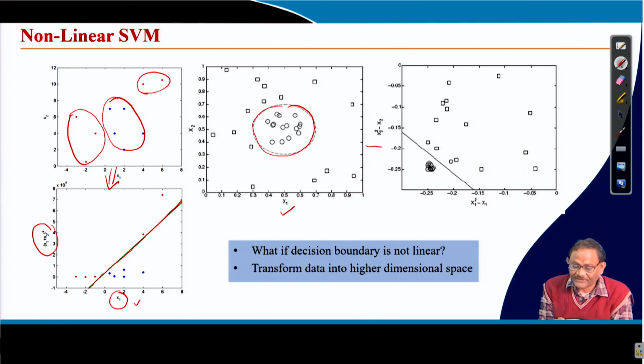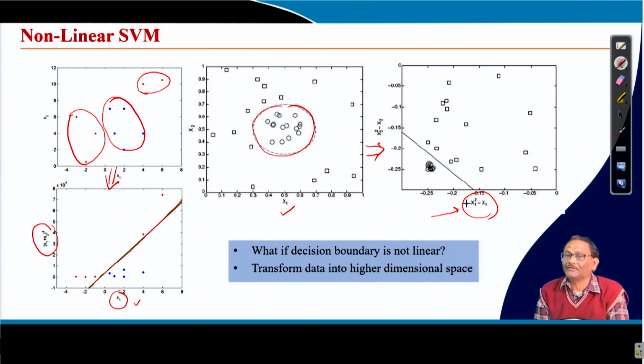In this case, if you do another transformation like this, from x1 you are creating another variable x1 square minus x1, and from x2 you are creating x2 square minus x2. Then you are able to get a linearly separable case. So this is x2.